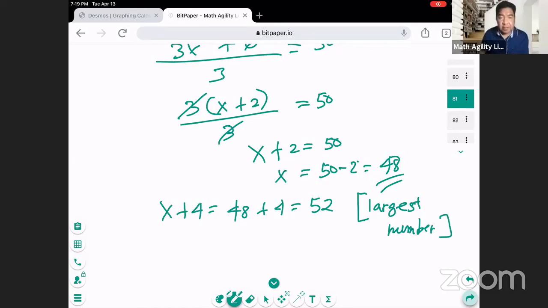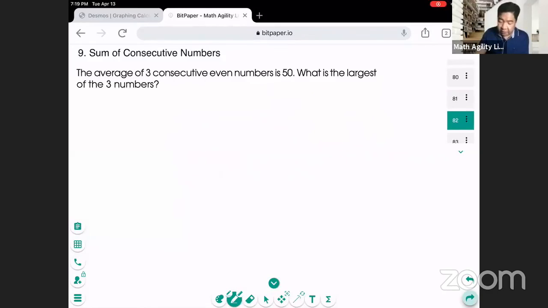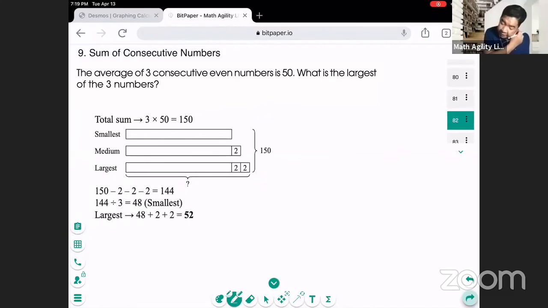Okay, so let's see how Singapore Math would solve this kind of problem, the consecutive number problem. Again, he uses proportion. The total sum is 3 times 50, because if you divide 150 by 3, that would give you an average of 50, right?